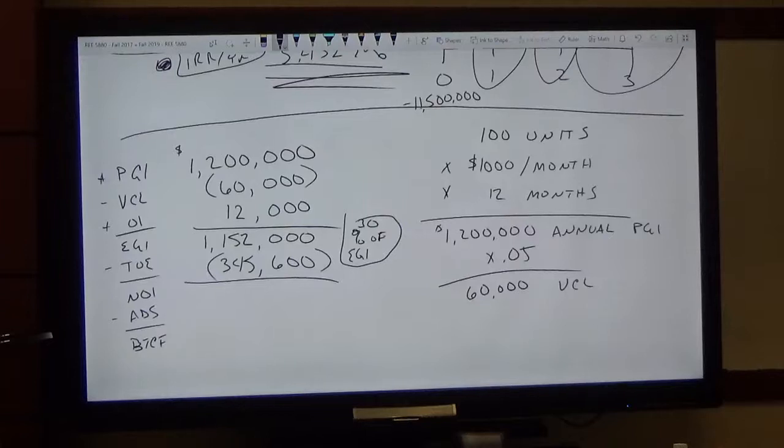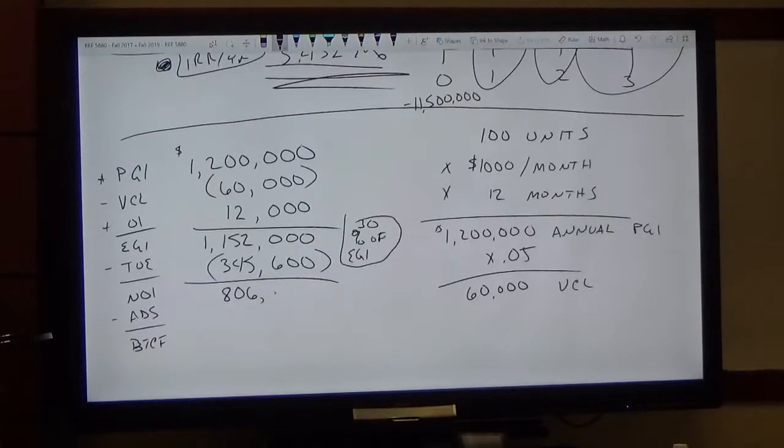Okay, we'll subtract that out. That leaves us with net operating income of 806,400. Okay. Okay, so far so good.